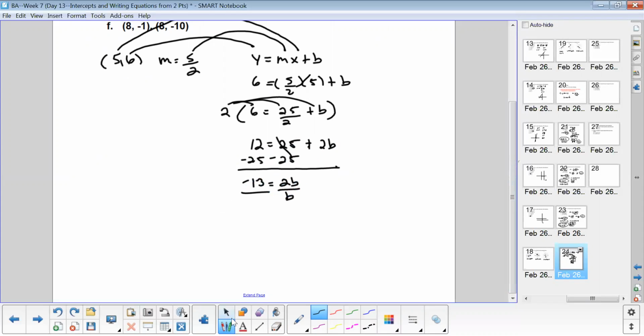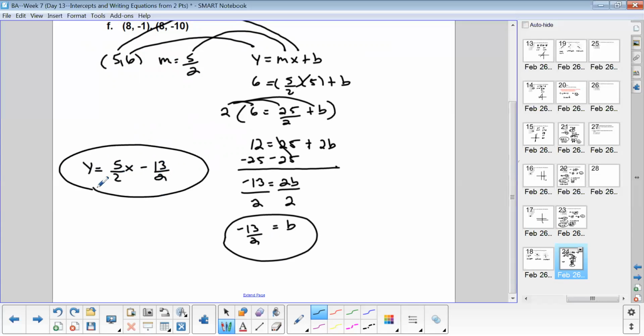And I'm going to divide both sides by 2. So I'll get a fractional y-intercept again, and negative 13 halves, or negative 6.5, is where we should see the line cross the y-axis. So y is equal to 5 halves x minus 13 halves should be the equation.